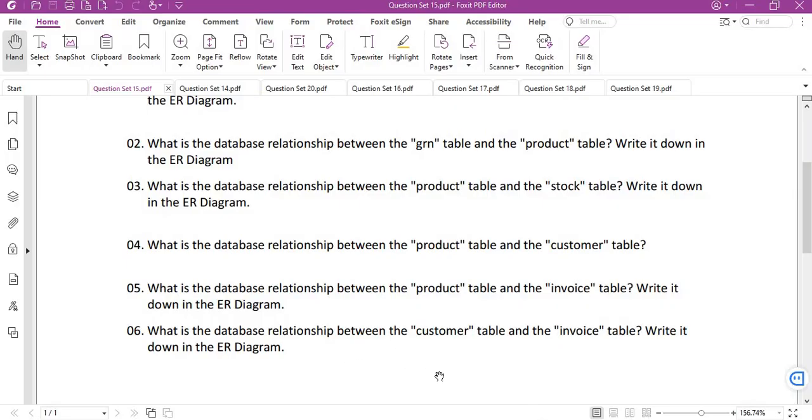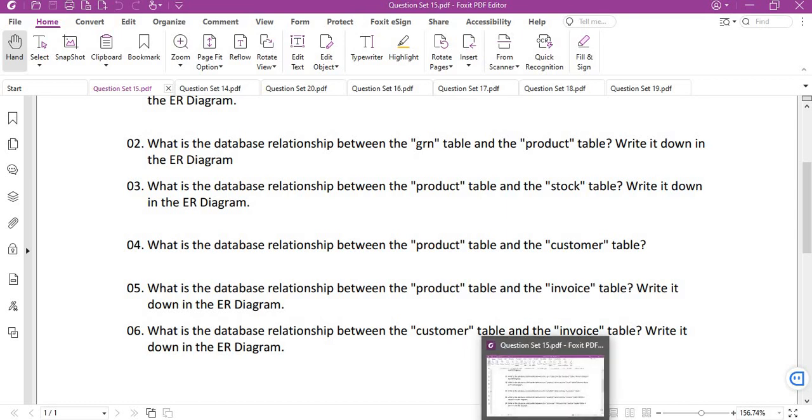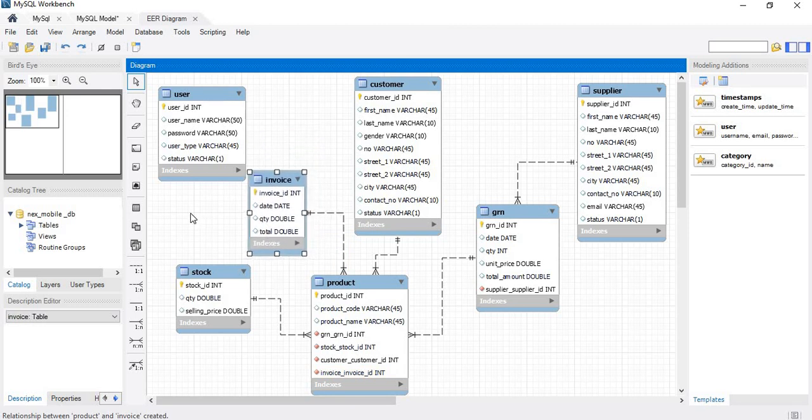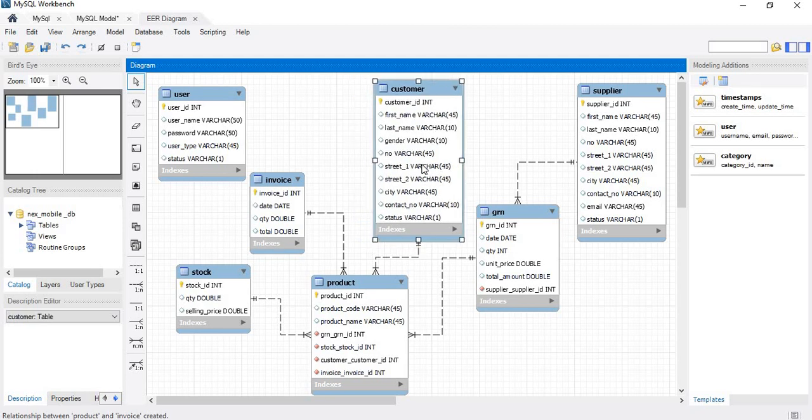What is the database relationship between customer table and the invoice table? Write it down in the ER diagram. So here, the customer table and the invoice table.